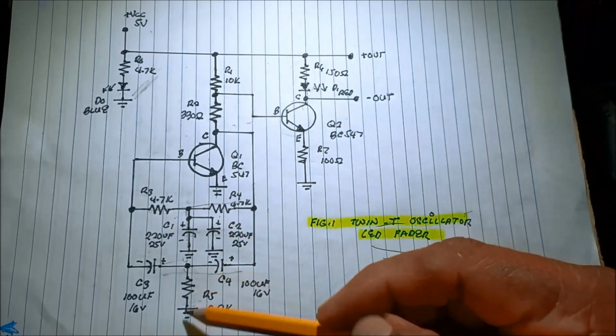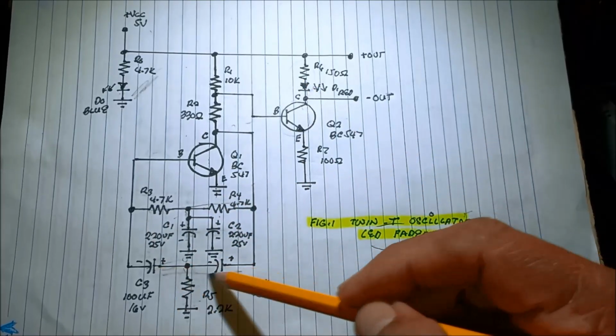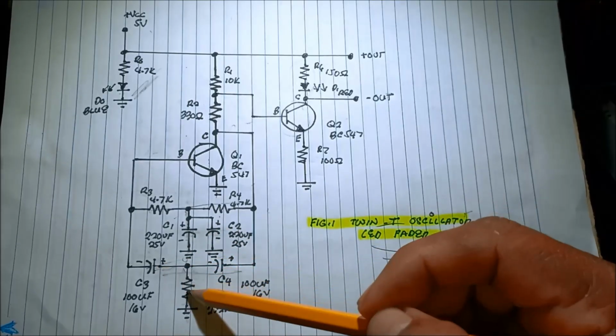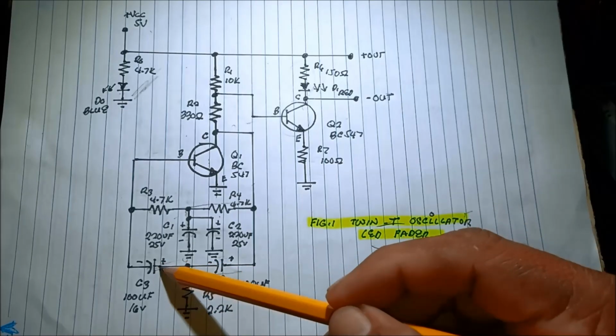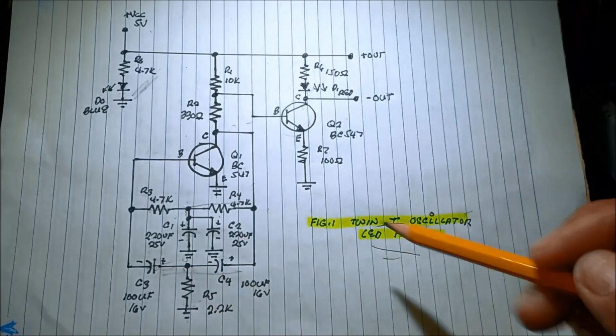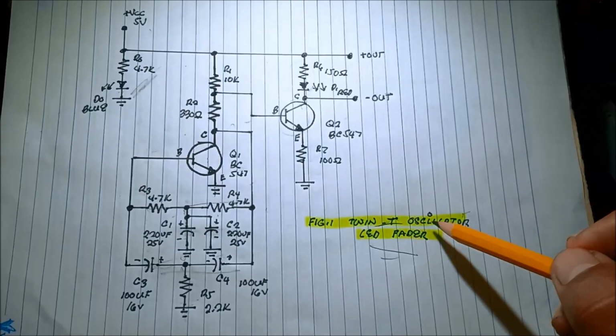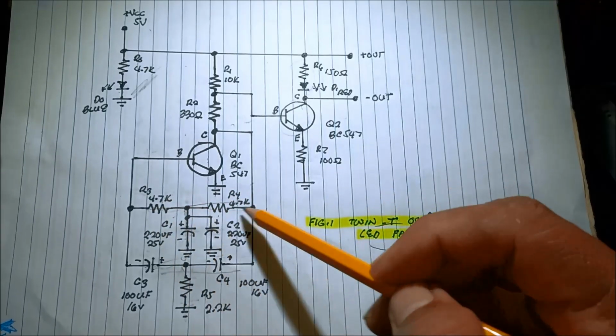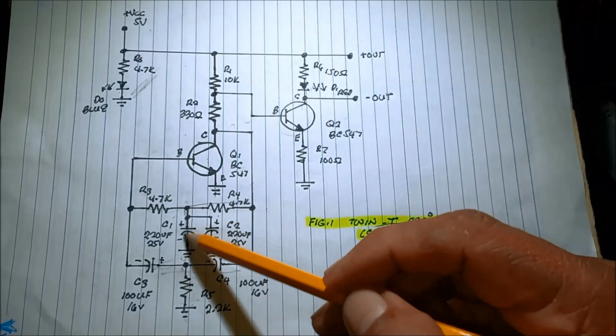So this one is a high pass filter composed of 2 capacitors and 1 resistor. It looks like a letter T. That's why it's called the T oscillator. The other T is this 4.7K resistor with capacitor grounded.